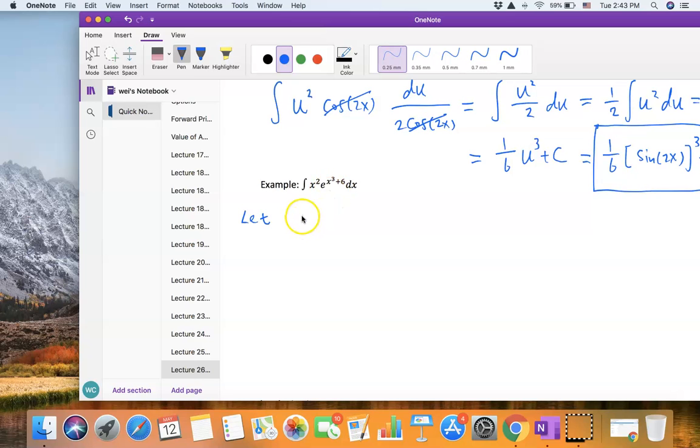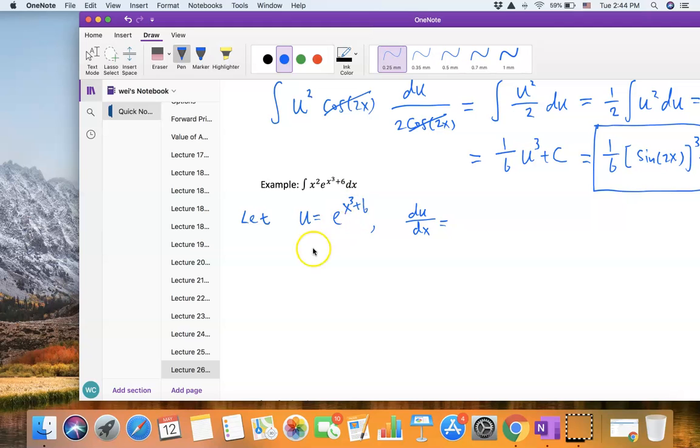If we let u be this whole thing, e to the x to the third plus 6, then du over dx, to take the derivative of this function, we're going to use the chain rule.